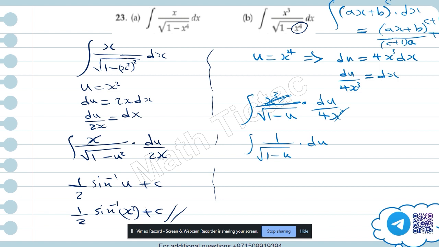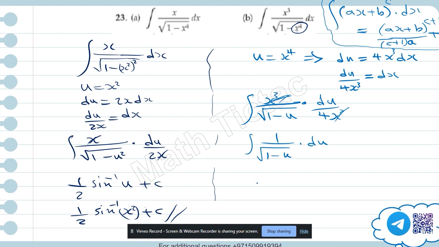Not this c, another c, constant and constant. So this is my rule.